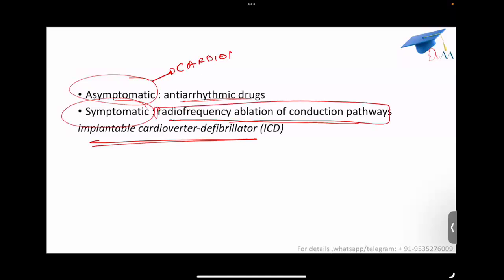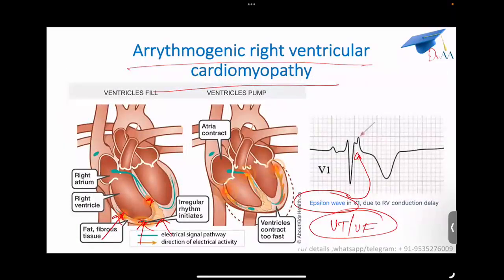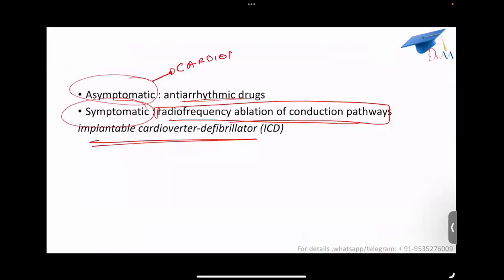Previously they used to recommend radio frequency ablation. What do they mean by that? Just burn the fat tissue that is there, and the problem is solved. The problem with that is this disease is progressive. If you burn it here, after a few days they will have fat tissue deposit at some other point. So this is no longer recommended.